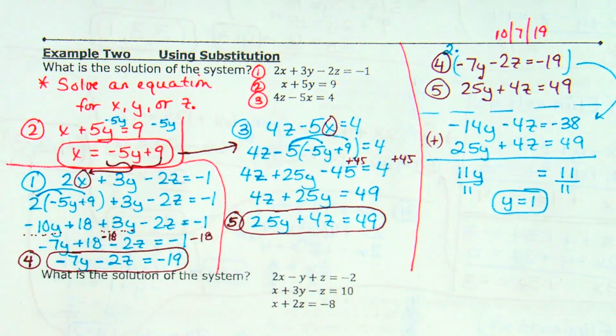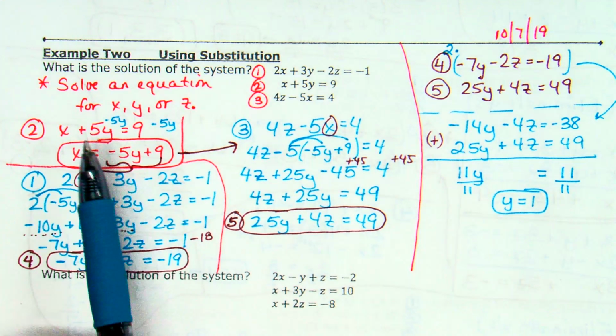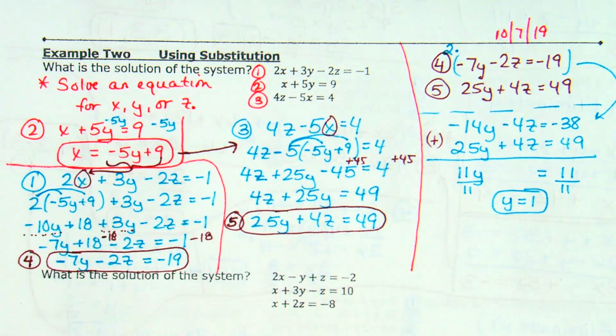Okay. Once I have y equals 1, what do you want to do with that? Traditionally, the answer is to take it back and plug it in for 4 or 5. You also have other options in this case. We could also plug it into 2. You want to plug it in anywhere that there's an equation that has y and one other variable. Does it matter?